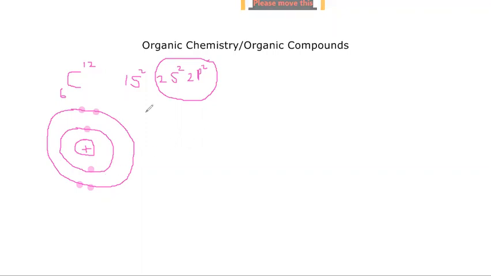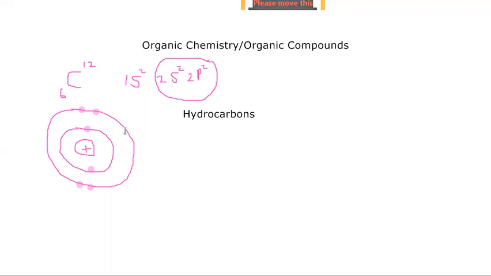Here, the first thing we are considering is only the hydrocarbons. These are organic compounds having only hydrogen and carbon, and they are called hydrocarbons, indicated by the names carbon and hydrogen.